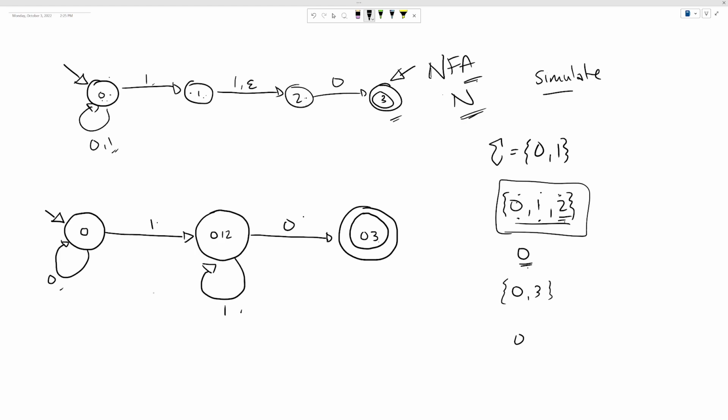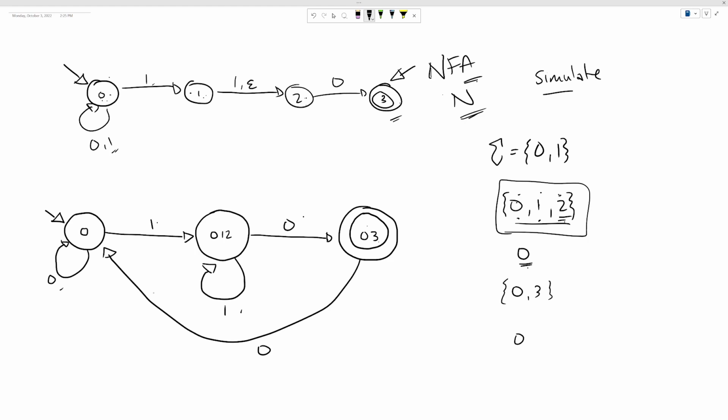So keeping track, I'm at 0. If I'm in state 3, wait a second, state 3 up here has no exiting transitions. So if I get a 0 from this one, I die off. There's nowhere place for me to go. So if I get a 0 from the state 0 or 3, since the path in 3 died off, the only path I have is this one. 0 goes back to 0.